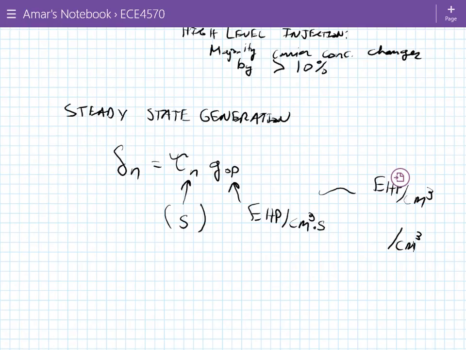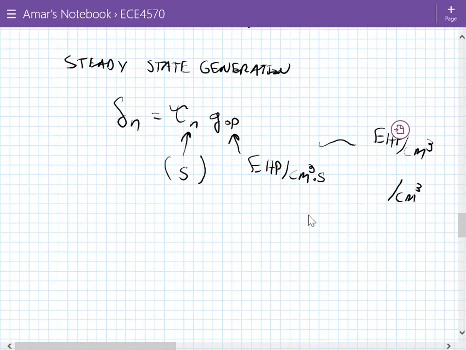The carrier lifetime will be given to you, and this GOP will also be given to you. GOP means the carrier generation rate, the number of electron-hole pairs created in a cubic centimeter of material per second. The stronger the light source is, the larger the GOP is going to be.